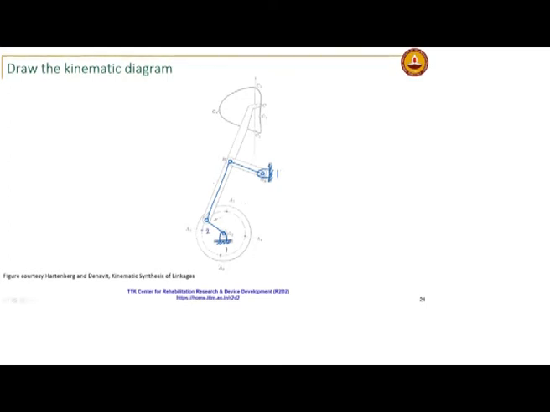So, 1, 2, 3, 4, I have 4 links, and typically if you have a point of interest, okay, if you are interested. So, for instance, this mechanism is used to advance a film strip. So, it is a 4 bar linkage, but really the point of interest is this point C, okay, because you are interested in the path that it follows.